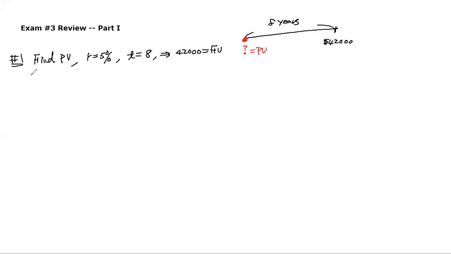Okay, so we have 2 ways the interest was compounding. The first one here is we say this is compounding semi-annually. That means every year they were going to compound twice.